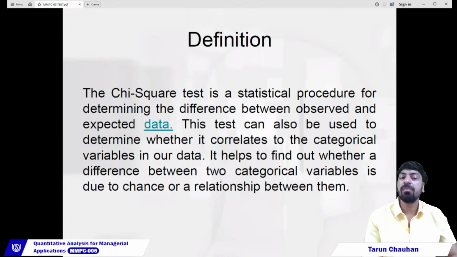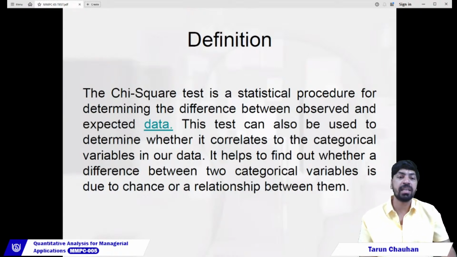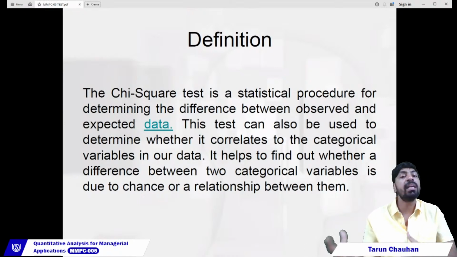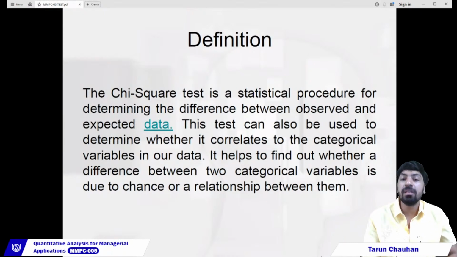But when we talk about the expected data, a mathematical formula will be used to calculate the frequencies from the observed data. I repeat once again, expected data is basically defined by a mathematical formula which will be calculated from the observed data.